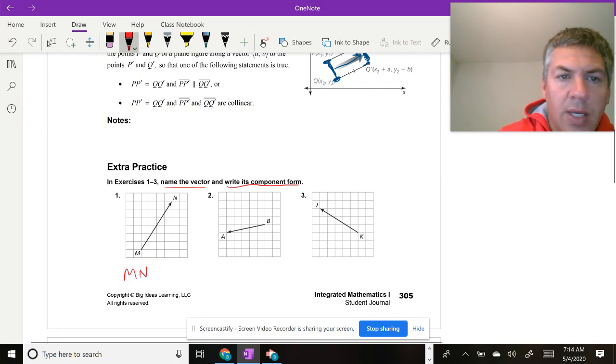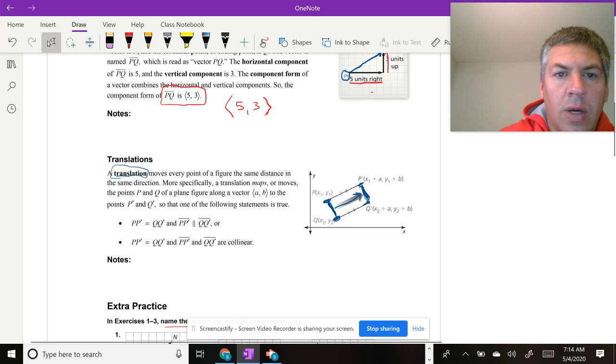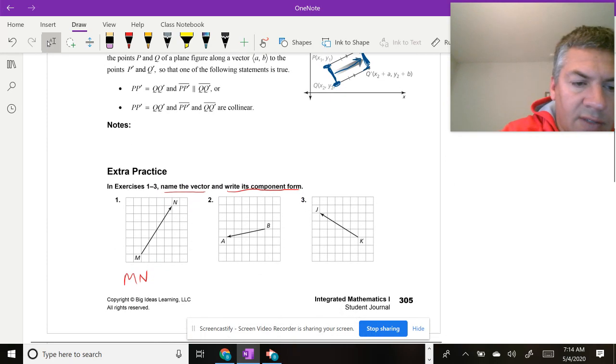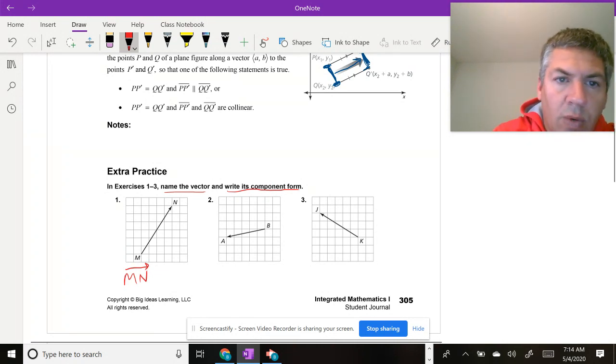All right. And we're going to use that. So that's vector MN, and it's going to be denoted with an arrow. And then we're going to name that vector.